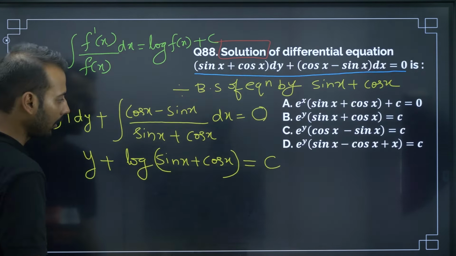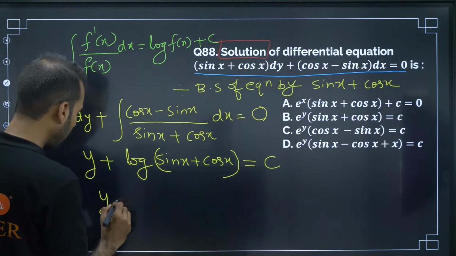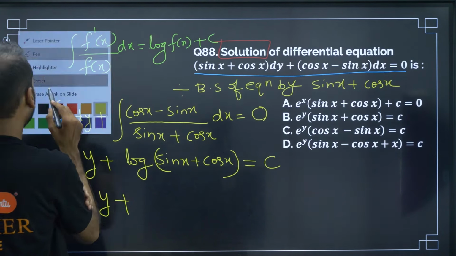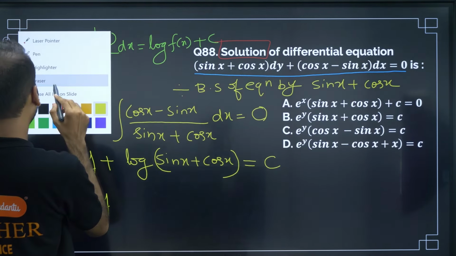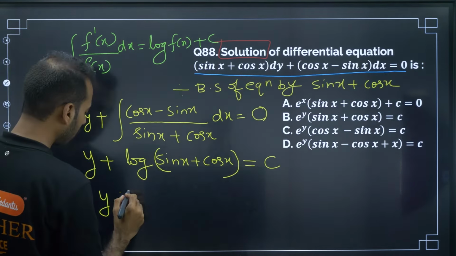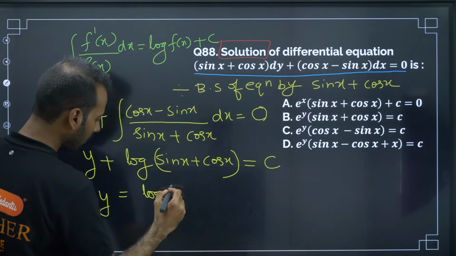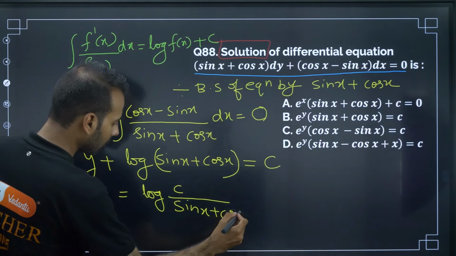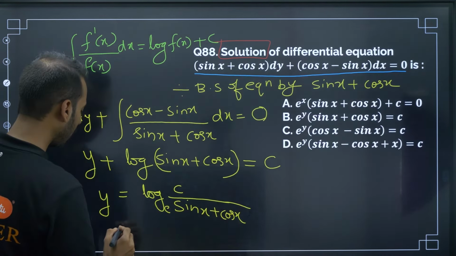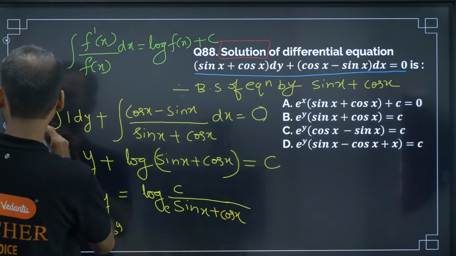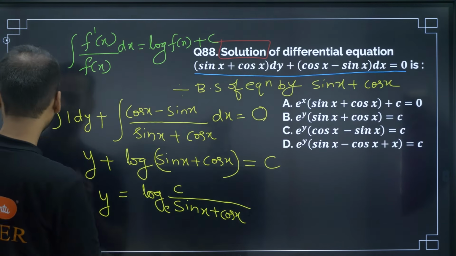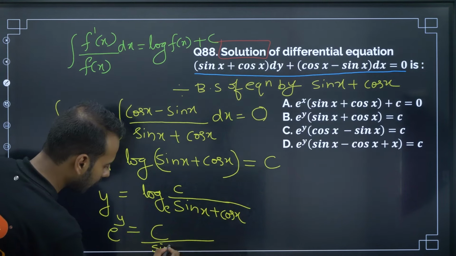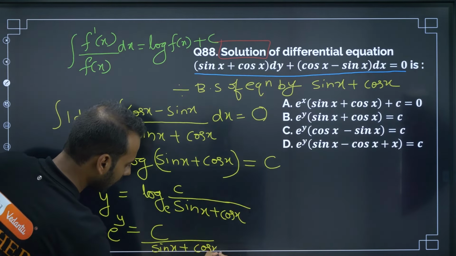Integration gives y plus log sin x plus cos x. If I transpose this term y to the other side, this becomes log c by sin x plus cos x. Next, e is there, so e raised to y is equal to c divided by sin x plus cos x.